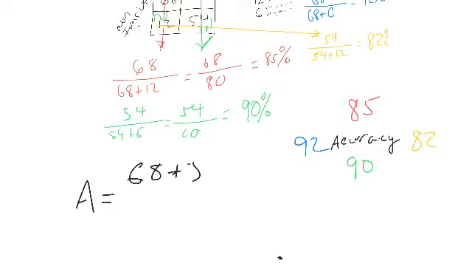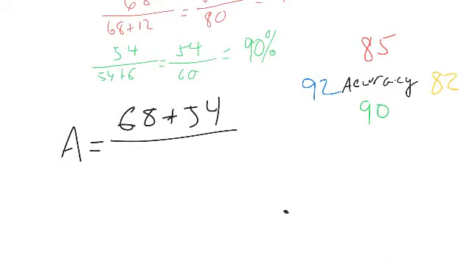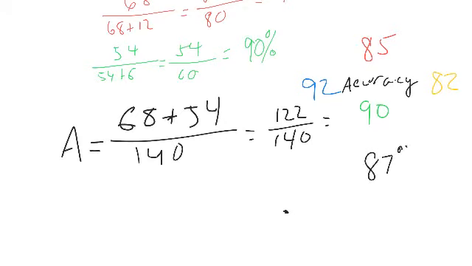Divided by everything, and we had 140 patients, so everything should be 140. 68 plus 54 is 122. 122 over 140 equals 87%. And is that where we predicted it would be? Yes. Okay.